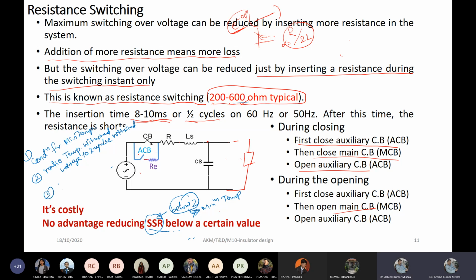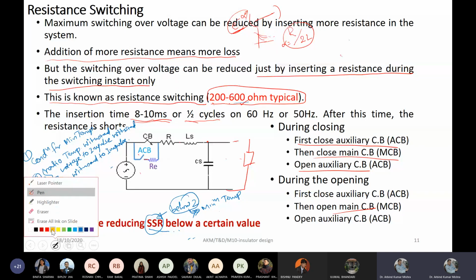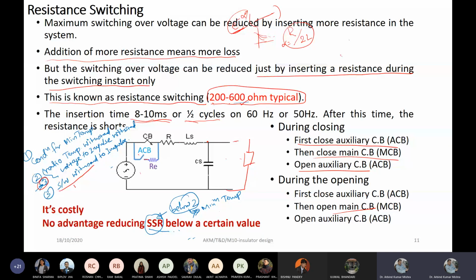And third, the switching withstand to impulse withstand. This ratio I have given you for temporary, roughly 3, right? If I remember, I have already given you in the last class, this is roughly 3, and today I have given you roughly 1.3.